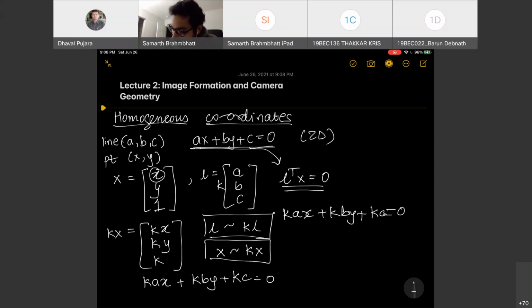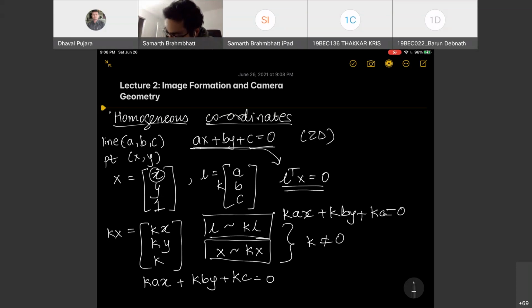Multiplying all 3 elements of that vector by some scalar doesn't change the actual underlying point. The similar phenomenon is observed with the line. And of course, in both of these equations, k should not be equal to 0.